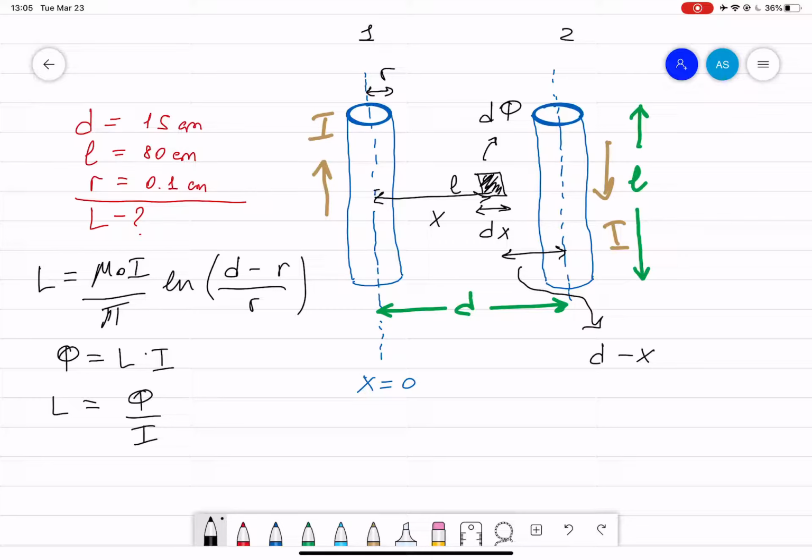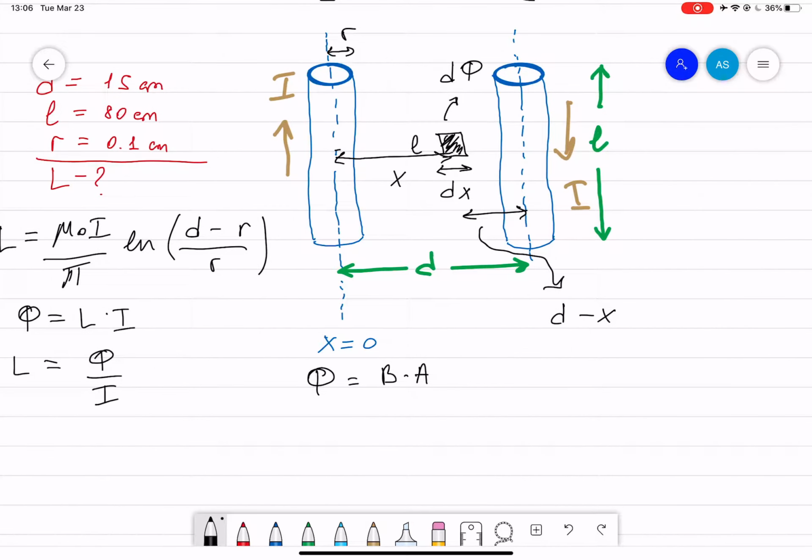Now we know that magnetic flux is given by the general formula B times area. Since here we have a very small area, we find the very small flux, so dΦ is equal to B times dA.